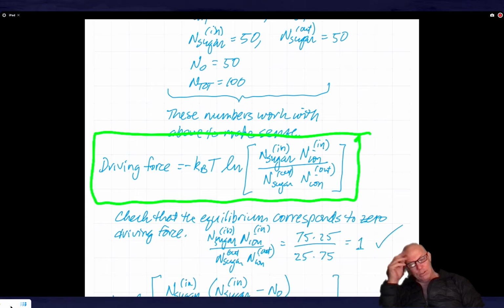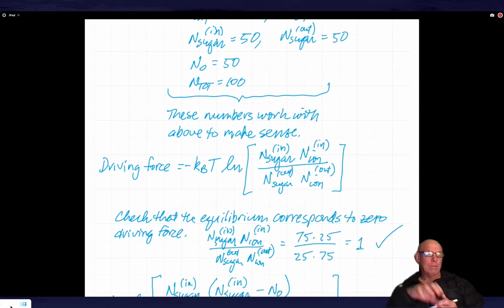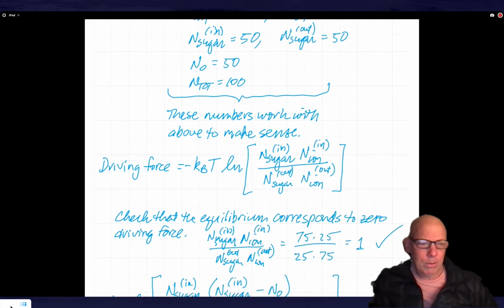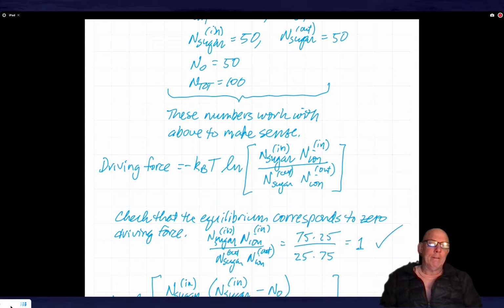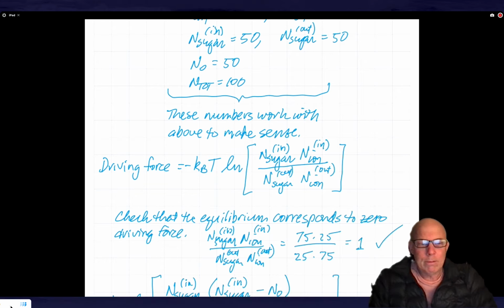The reason that's interesting and important is that I know that at equilibrium, the driving force vanishes. In other words, dF by dN sugar in is equal to 0. When I minimize the free energy with respect to the number of sugars on the inside, the minimum occurs, and that derivative is 0, which means that the driving force has vanished.